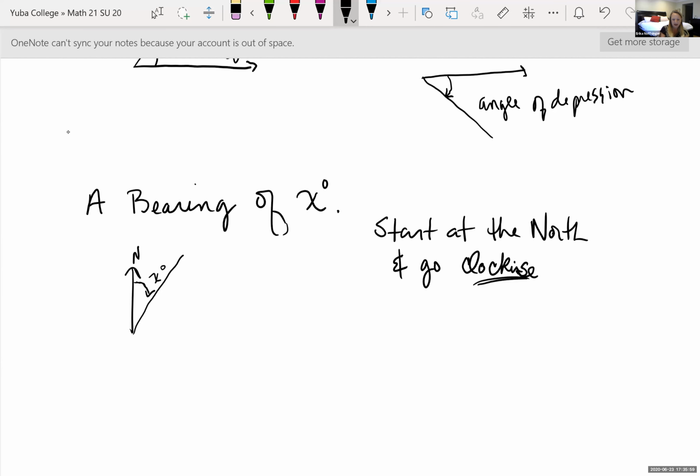One other way that I've seen directions done is they're going to start with north or south, then give you an angle, and then give you either east or west.